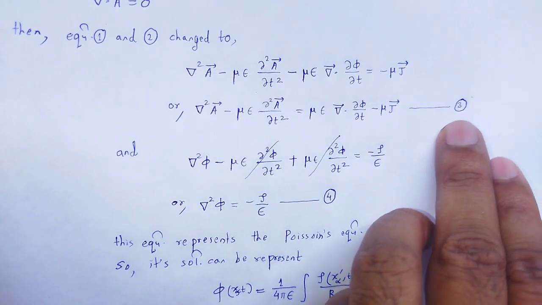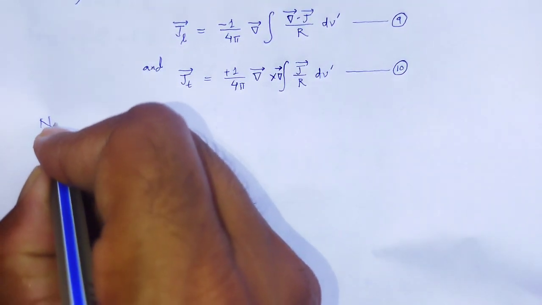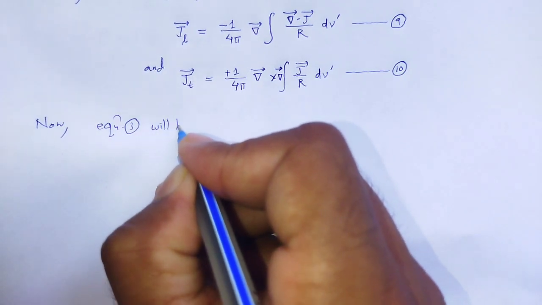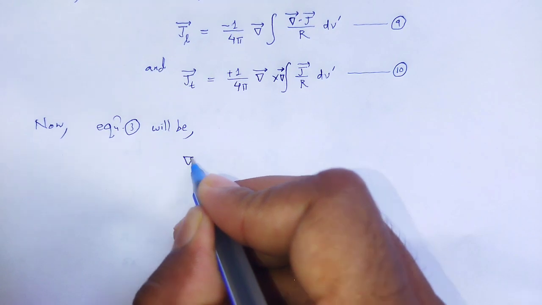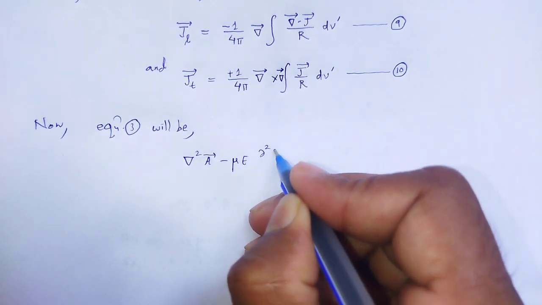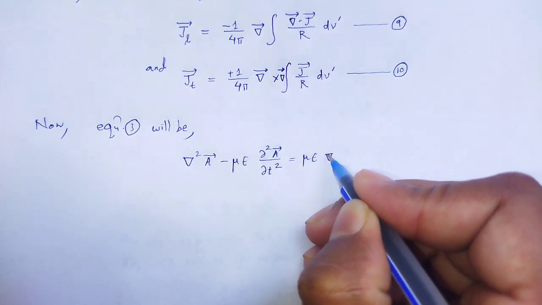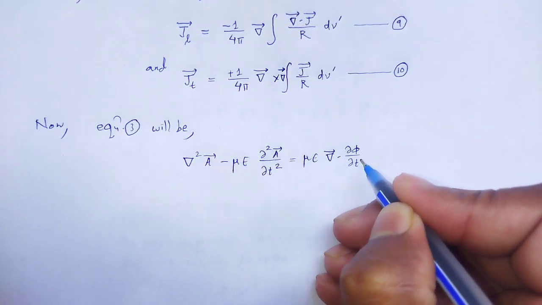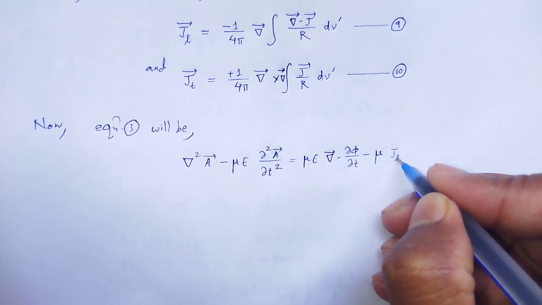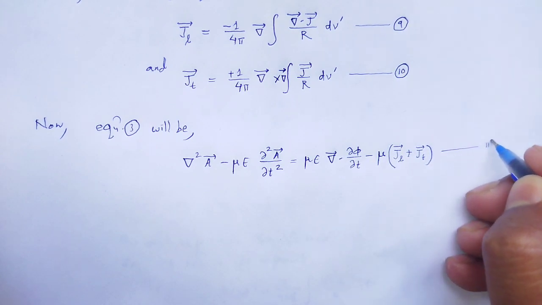Now, from equation number 3, equation 3 will be grad square A vector minus mu epsilon del square A vector by del t square, equal to grad mu epsilon del phi by del t minus mu J, that is longitudinal component and transverse component, is equation number 11.